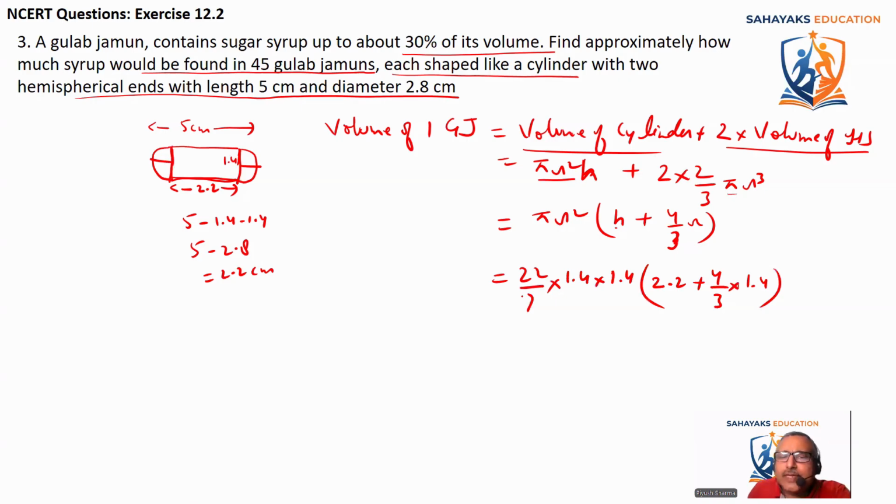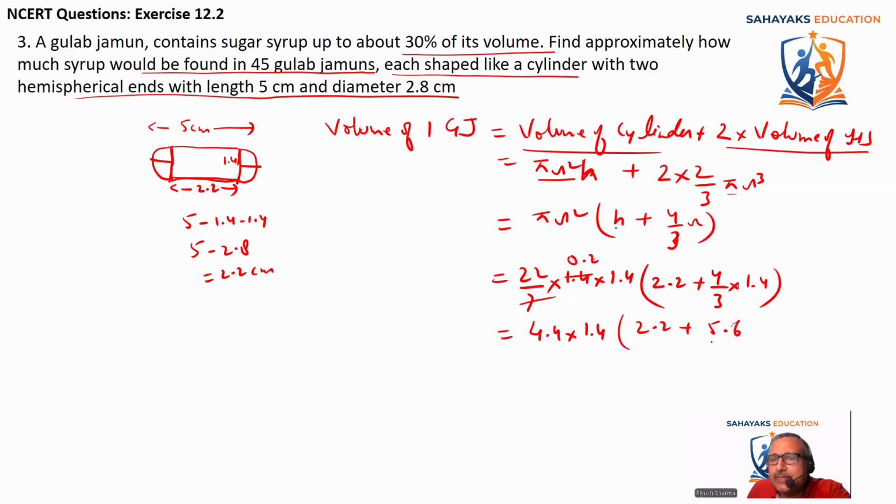So we can say 7 into 0.2. And this 22 into 2.2 comes out to be 4.4 into 1.4. So let's try to compute it manually. 14 fours are 56, 5.6.